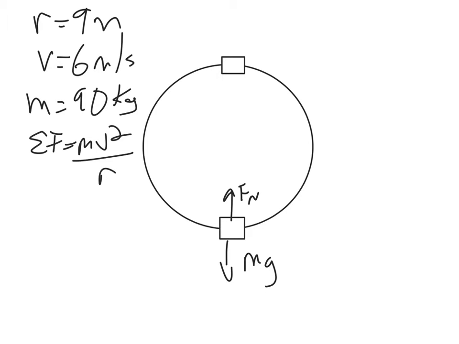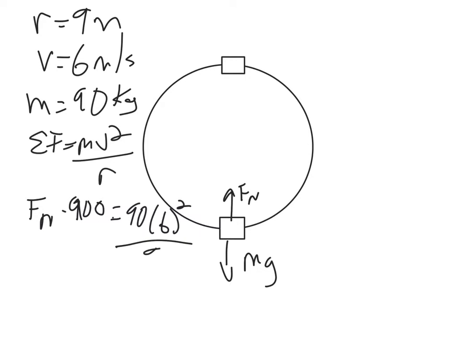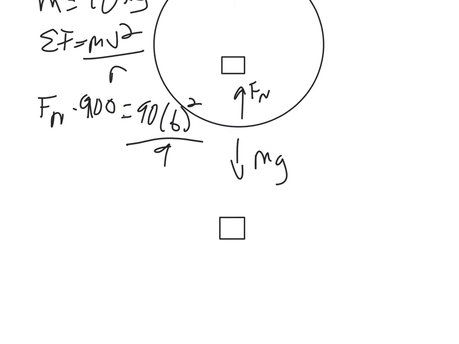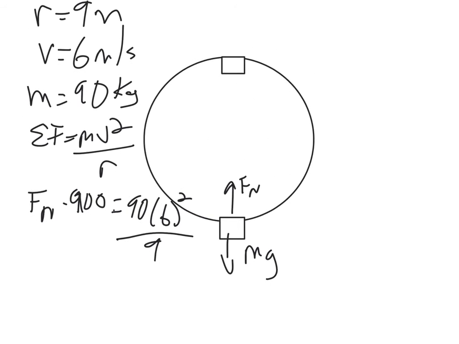And I'm just going to start plugging stuff in. I've got my normal force, and I've got my mg. m is 90 times 10, which gives me 900. And that equals my mass, again, of 90 times v squared, 6 squared, over the radius, 9.